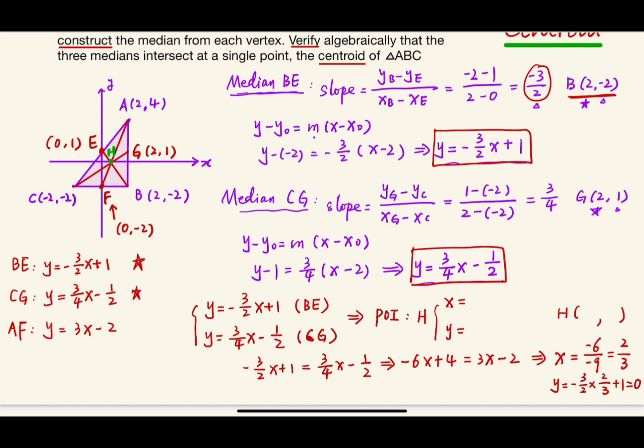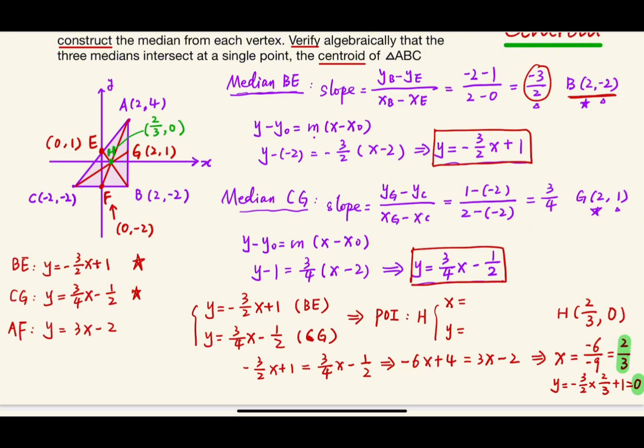That is the x coordinate, y coordinate. Okay, so point H should be 2/3, 0. Then we can write here this point H 2/3, 0. That is to say this point H is on the x-axis because its y coordinate equal to 0.